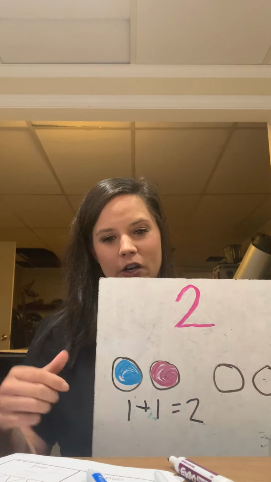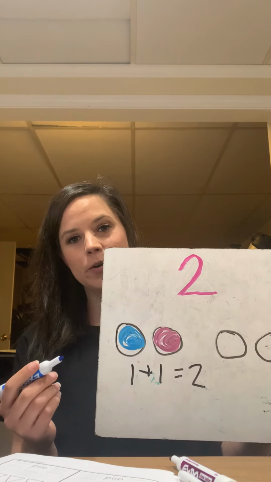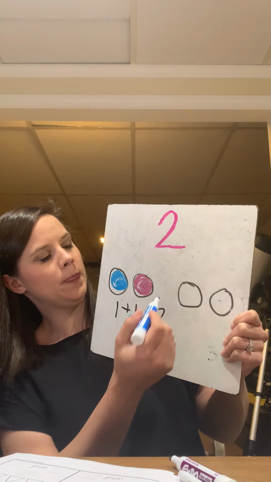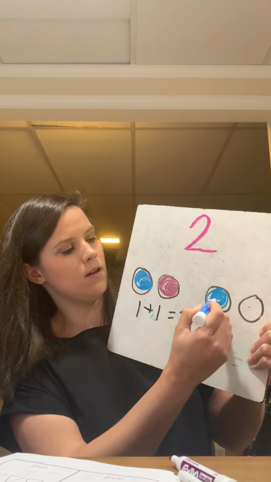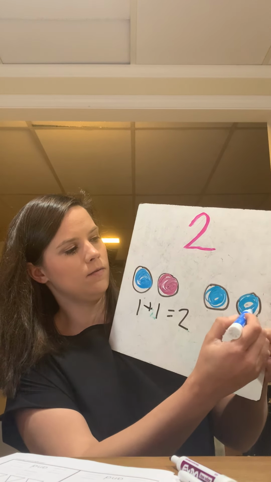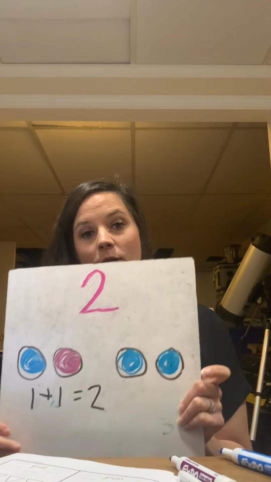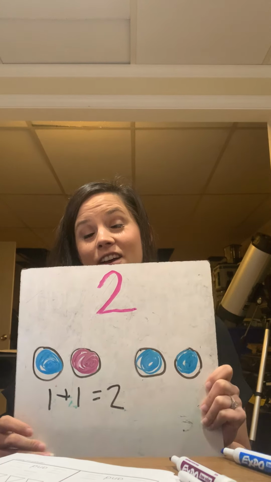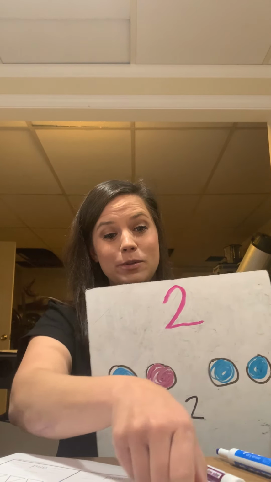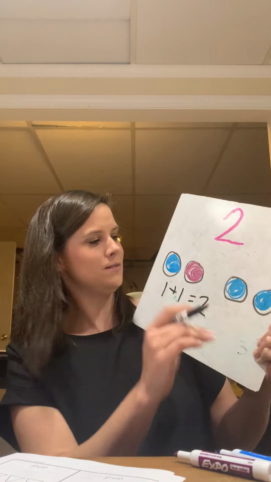So let's try another one. I'm going to take my blue marker and shade both of them. So how many do I have shaded blue? I have 2 shaded blue. That rhymes. 2 blue.